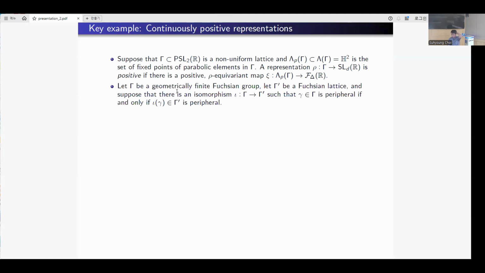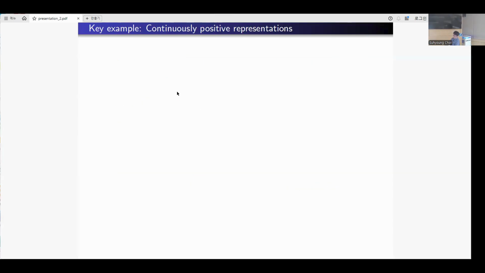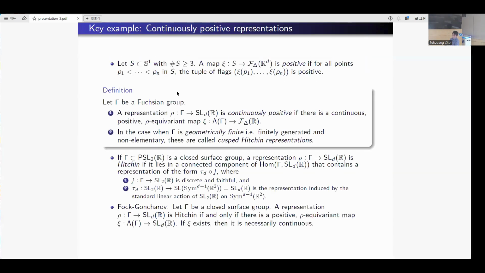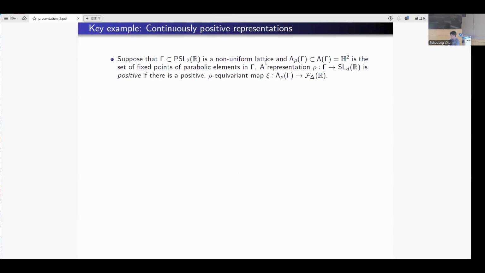I want to compare these with the cusp Hitchin representations that I defined. What's the difference? If you look at just the definition, first, for cusp Hitchin representations, my gamma just needs to be geometrically finite, but for the positive representations here, I need a non-uniform lattice.